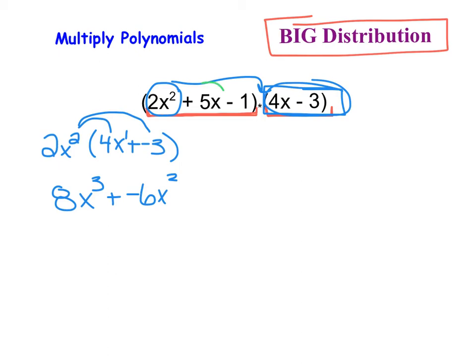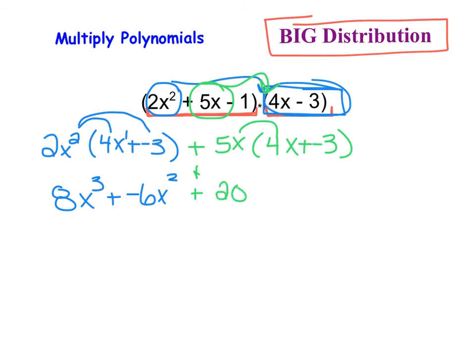I'm going to now take this second term and multiply it by this second set of parentheses. So here I'm going to write plus 5x times 4x plus a negative 3. And then I'm going to distribute. So I bring my plus sign down, and here I have 5x times 4x, so 5 times 4 is 20. X to the first times x to the first is x squared. And then I have 5 times negative 3, which is a negative 15, and then I have the x.